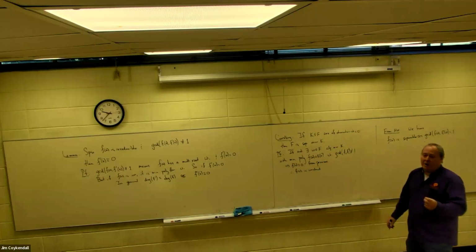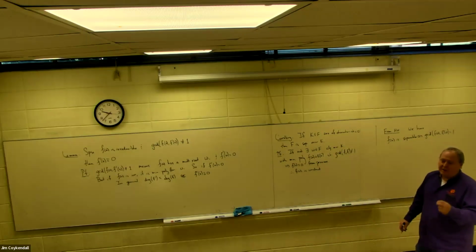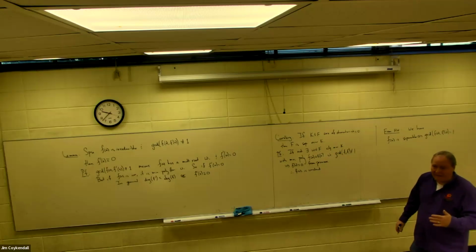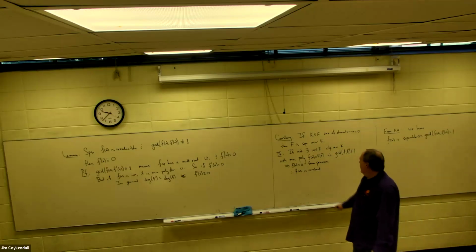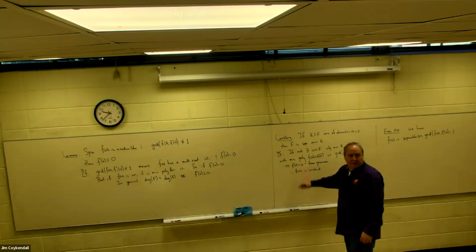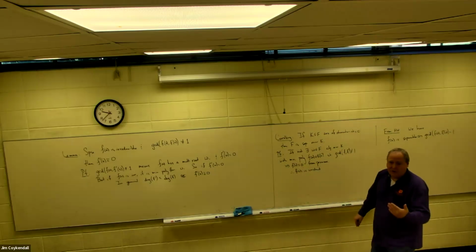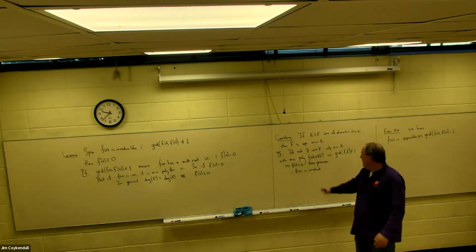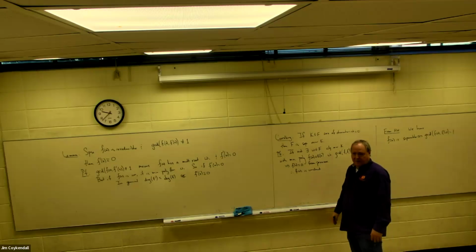Because in characteristic 0, the derivative of any polynomial just drops the degree by 1, right? So if you've got the derivative to be 0, then it can't come from any higher degree polynomial. It has to come from degree 0, from a constant, right?